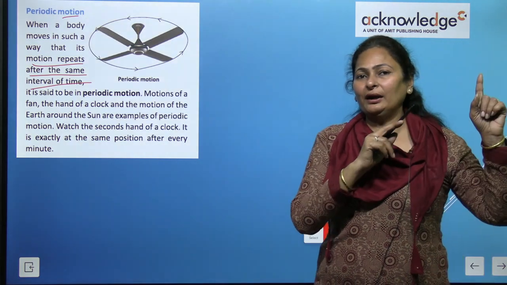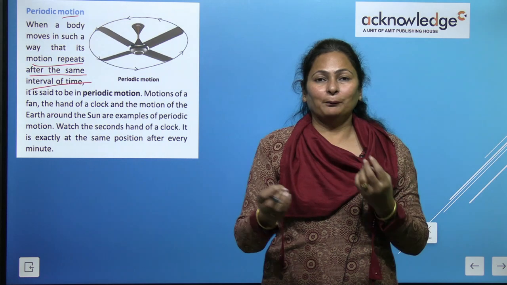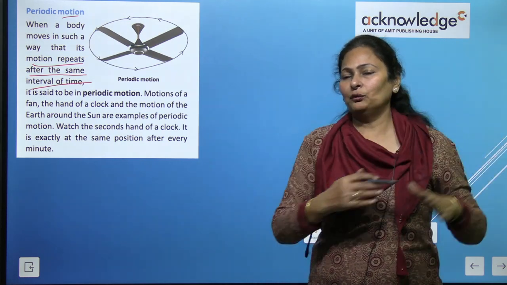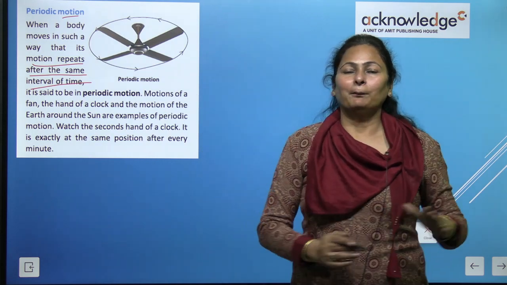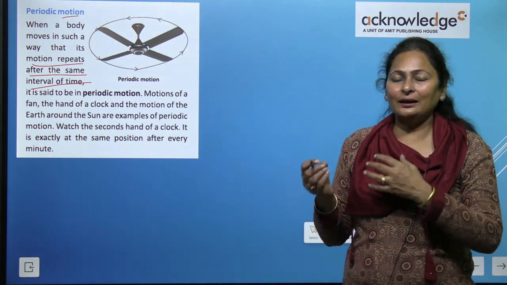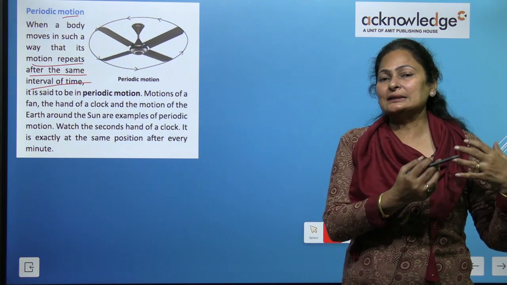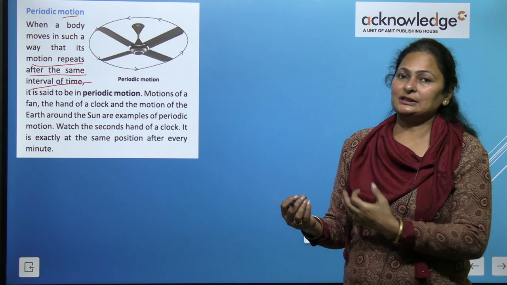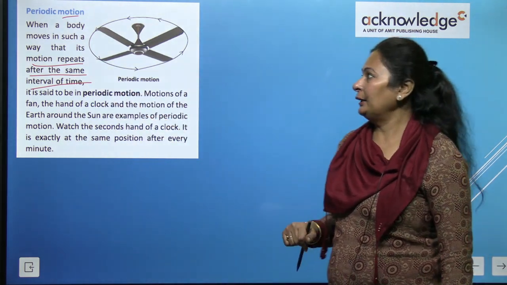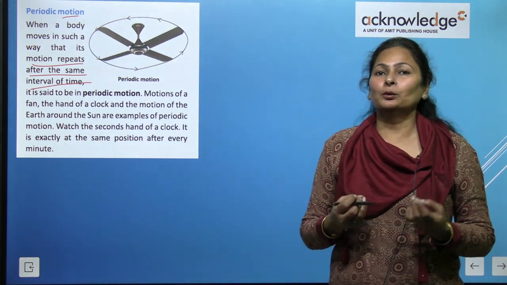It is moving but with the same interval. Like the pendulum you must have seen, it is also moving from here to there, but in the same interval. The time taken moving from one point to another is the same every time. So this is the regular interval of time. This is called periodic motion.